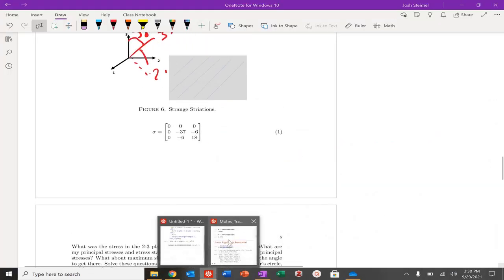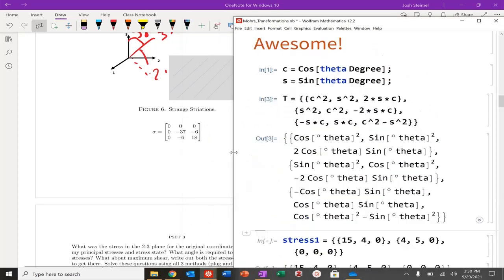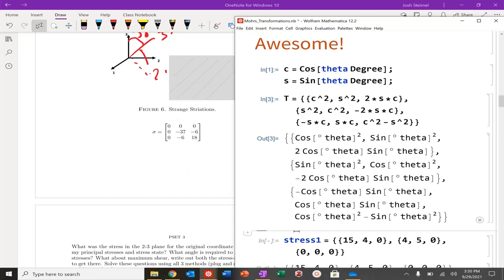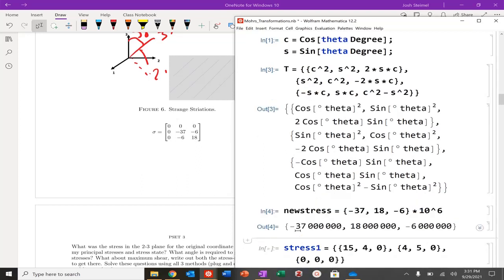We're given the following stress state. I am going to call this my new stress, which was equal to minus 37, 18, and then minus 6, all times 10 to the 6 because it's megapascals. To get to my old stress system, I'm just going to do T dot my new stress.